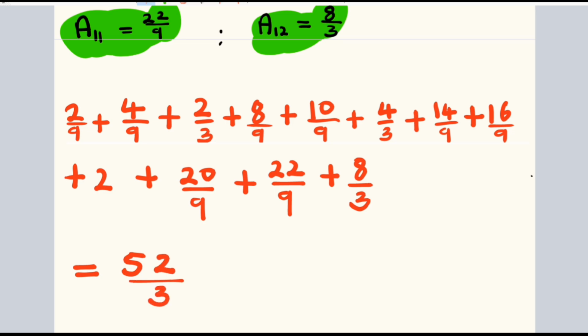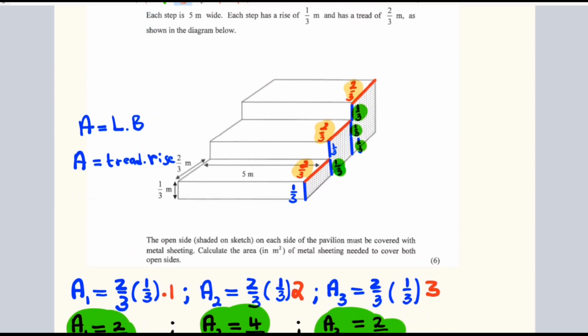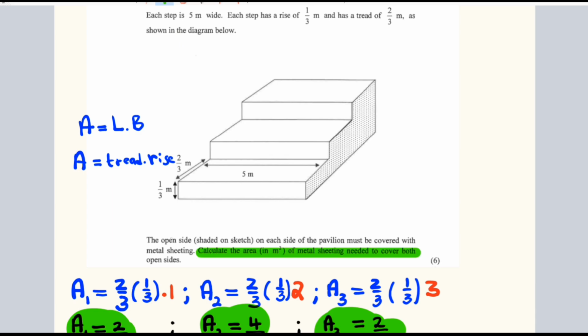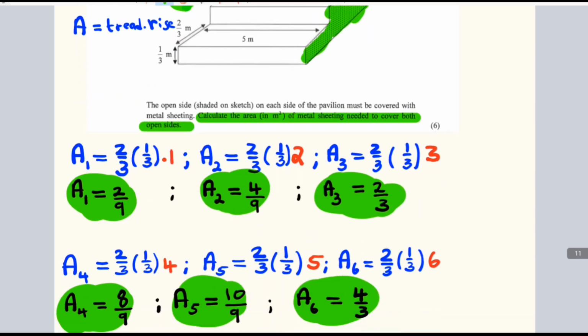And remember, the instruction was that we calculate for both sides. So we said that we calculate the area in meters square of metal sheeting needed to cover both open sides. We have that as the first open side, and the other open side is on the other side of the pavilion. So there are 2.